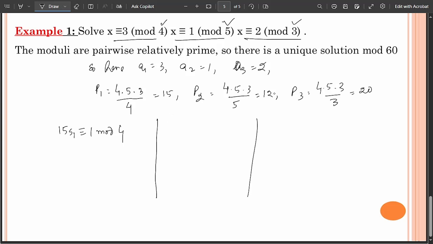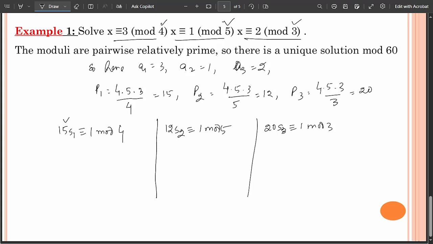Similarly, 12 s2 is congruent to 1 modulo 5, and in the third case 20 s3 is congruent to 1 modulo 3. Now 15 is 3 modulo 4, since when 15 is divided by 4 the remainder is 3. When 15 into 2, that is 30, is divided by 4, the remainder is 2.